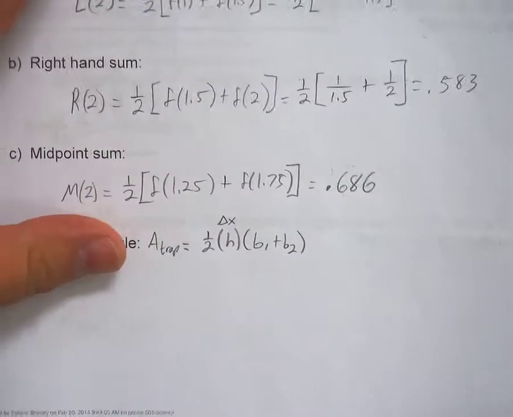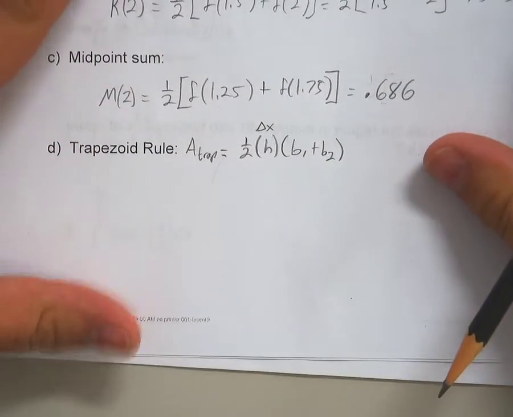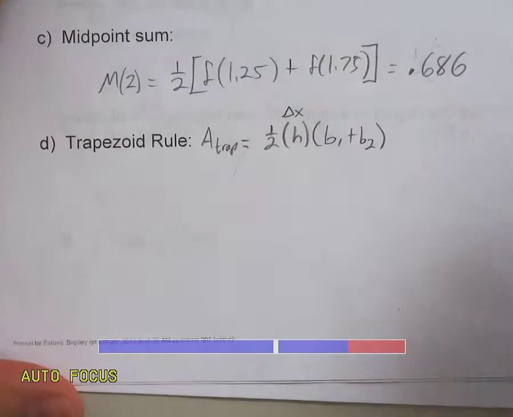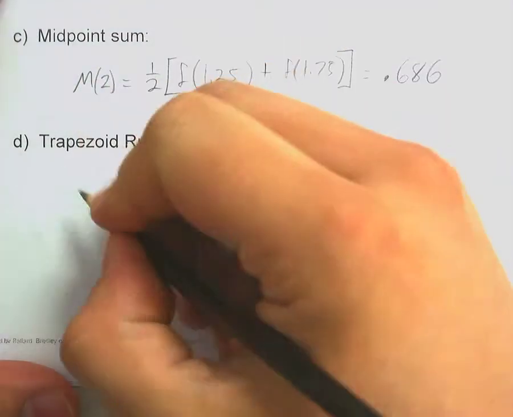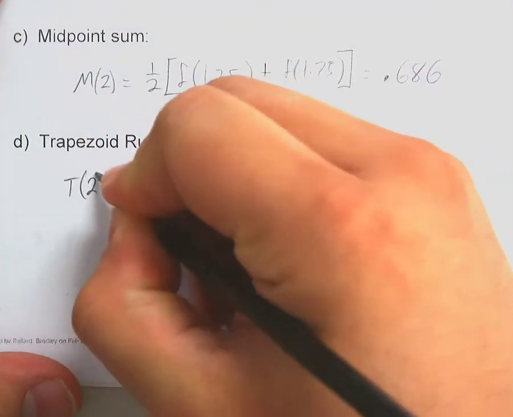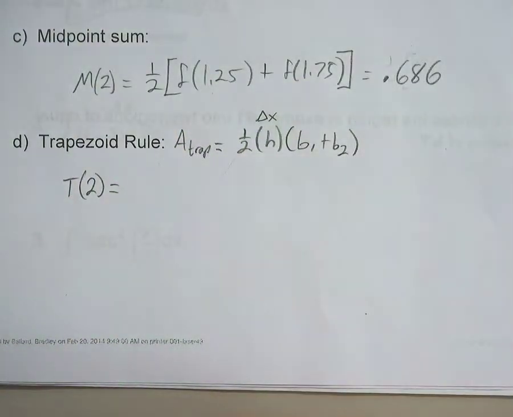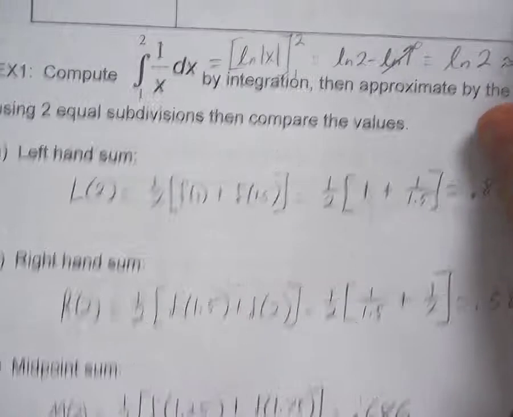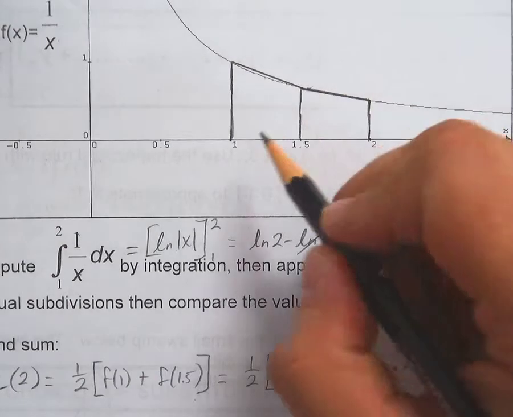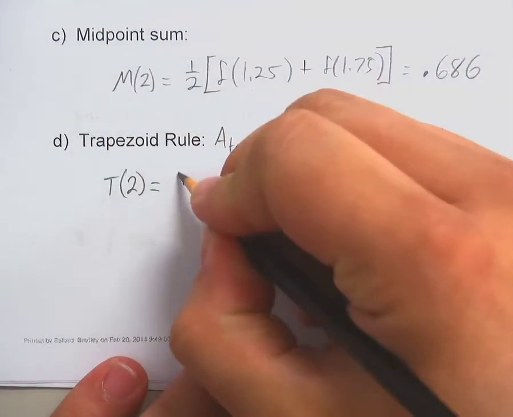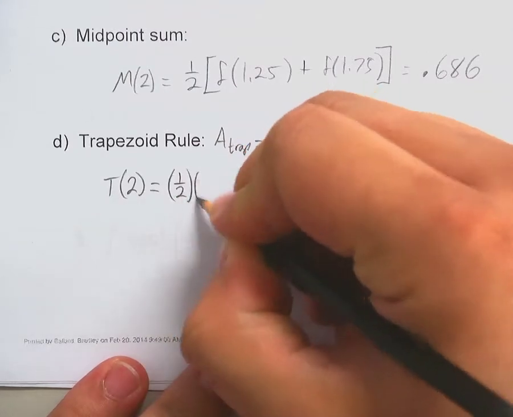Let's go down here to our trapezoid rule. So I'm going to use the trapezoid rule with two trapezoids. And the first trapezoid is going to be 1/2 times my delta x, which is 1/2. So I've got 1/2 times 1/2.